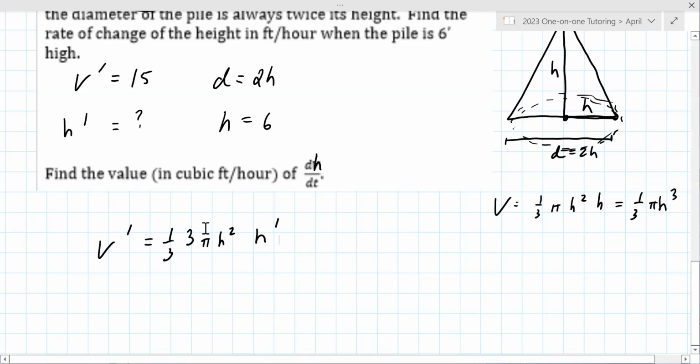Because it's h cubed, the 3 comes down. Why don't you just simplify to 1? Well, because I'm trying to show you the steps. I could answer this problem without any of this, but I thought it might help for you to see that. Do you want me to show you the work?